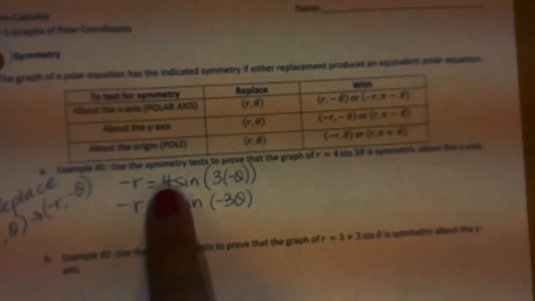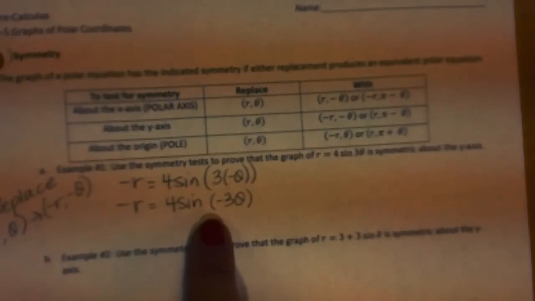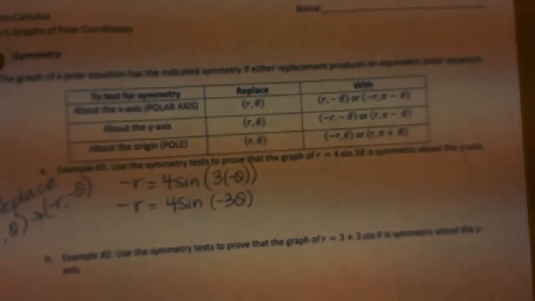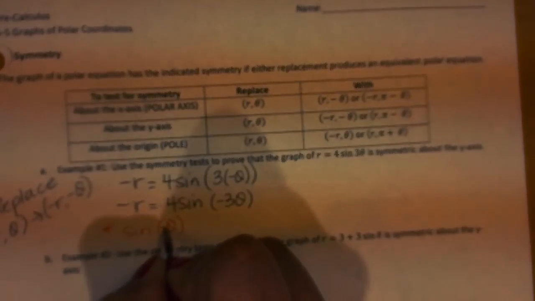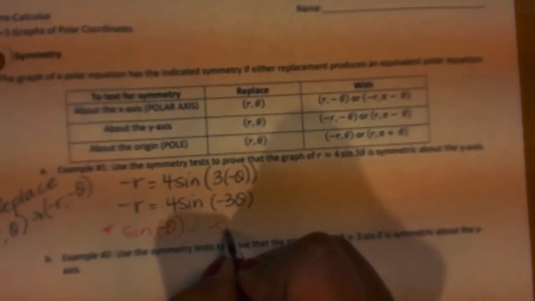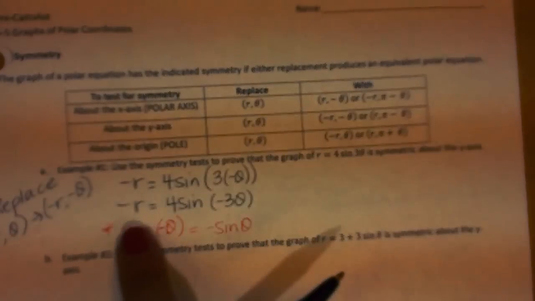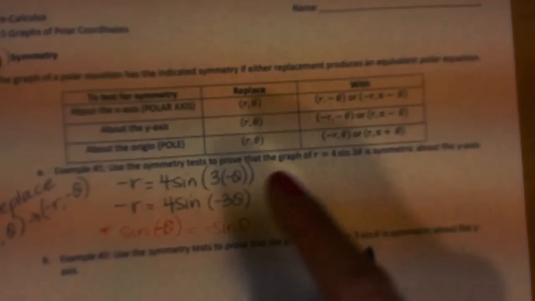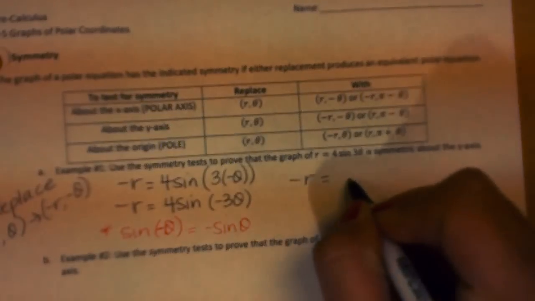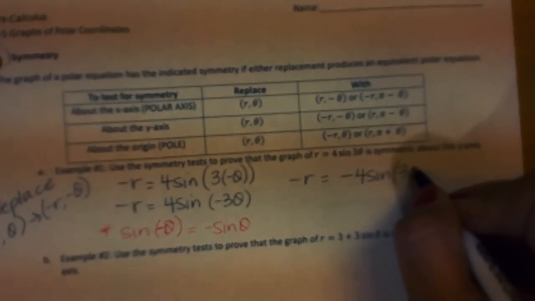And what we can use here is our even-odd identities from last unit. And if we remember, the sine of negative theta is equivalent to negative sine of theta. So we're going to use that here and identify that negative r equals negative 4 sine of 3 theta.